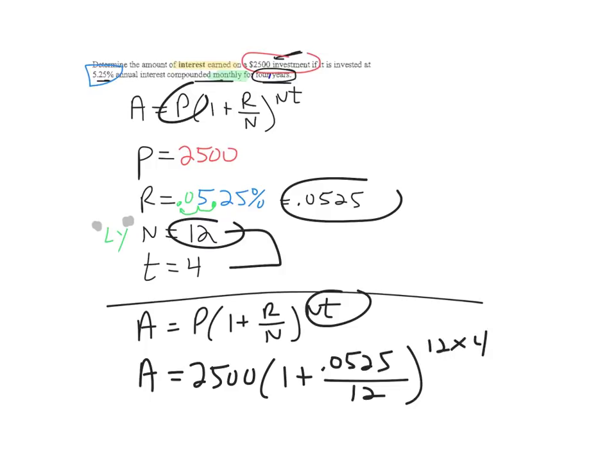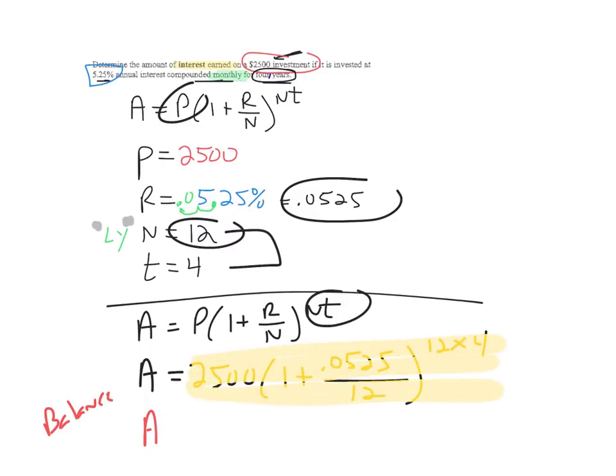So in order to figure out A, which represents the balance, we're going to enter this expression into our calculator and determine the amount of money that's in this bank account.